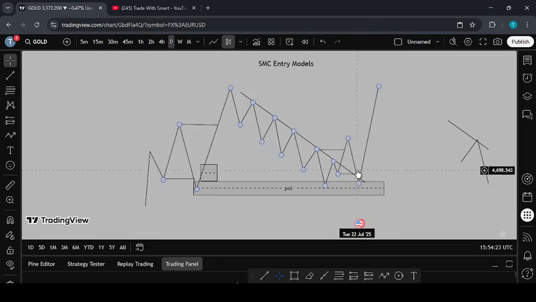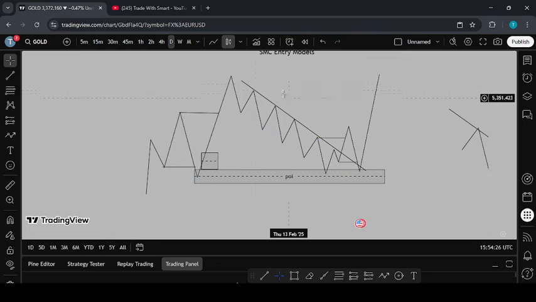Always watch out for the trend. If the entire market is bullish, always watch out for the trend when the market is coming down, right?